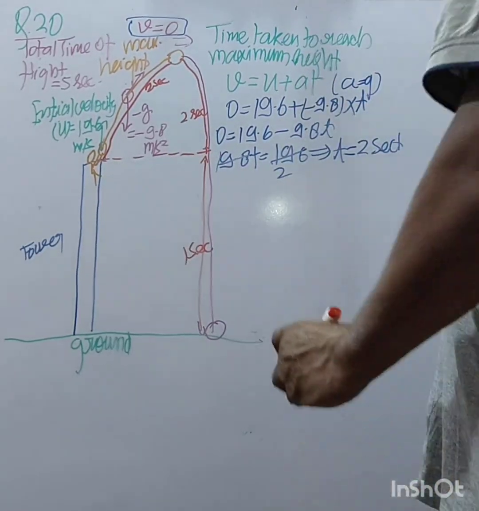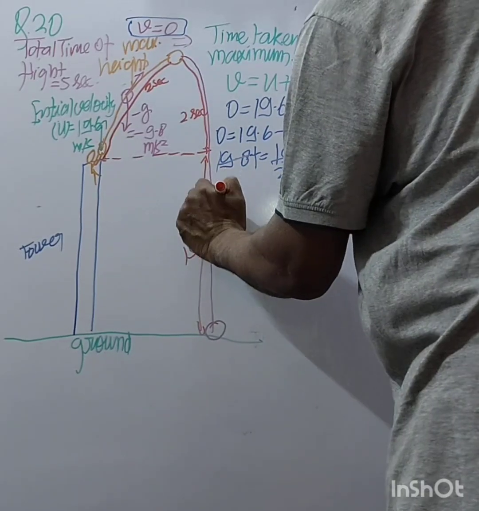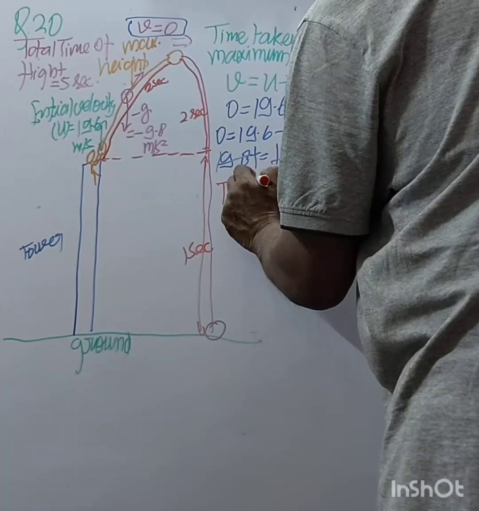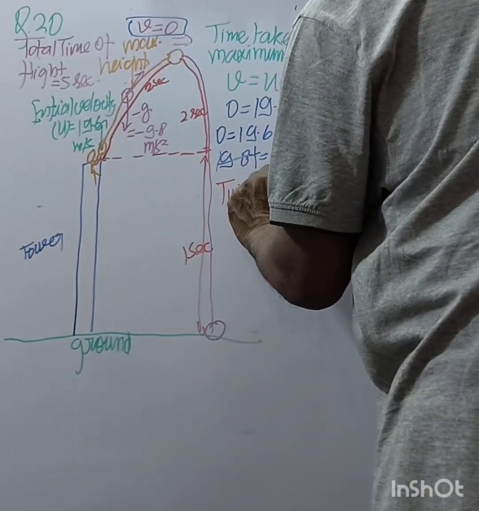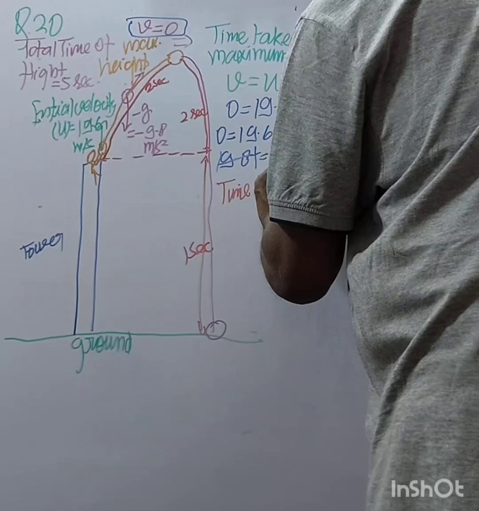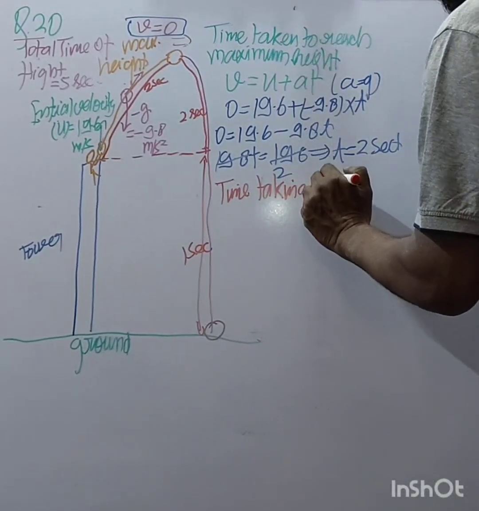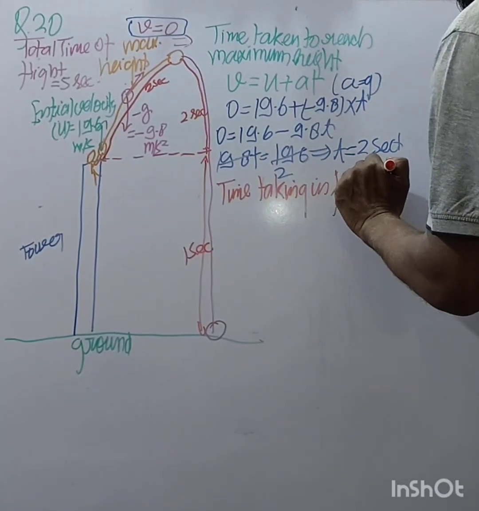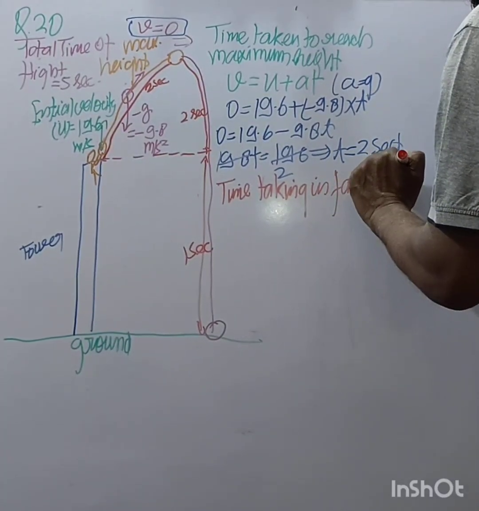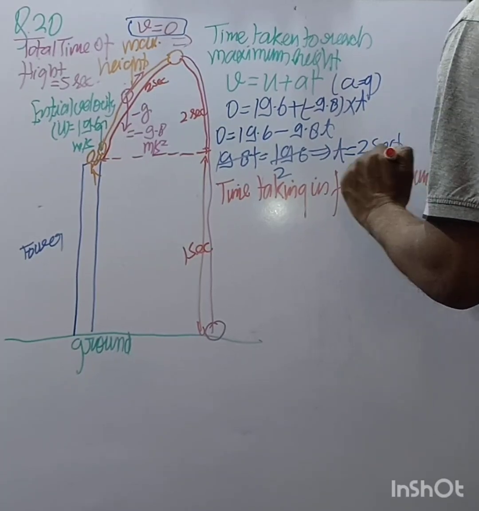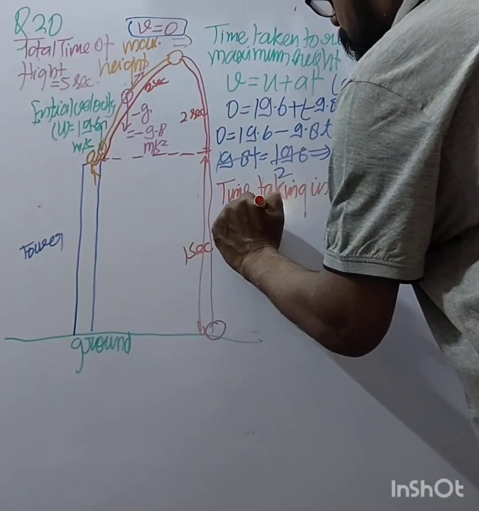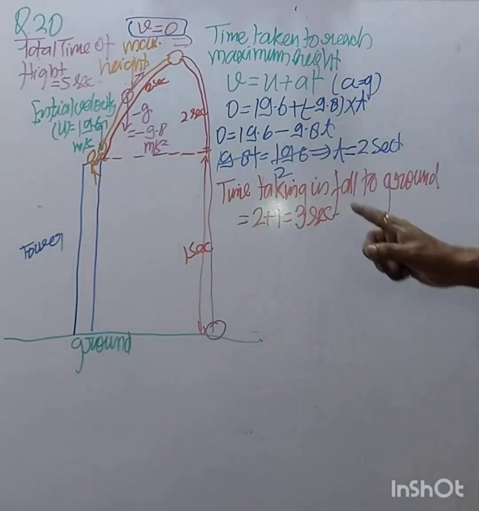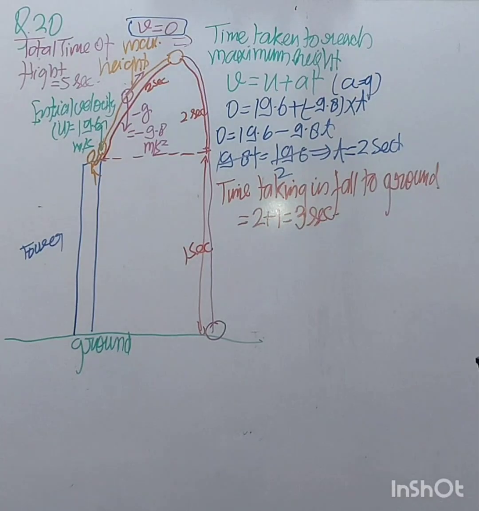So the time taken in falling to the ground is 2 plus 1 is equal to 3 seconds. It takes 3 seconds, right?